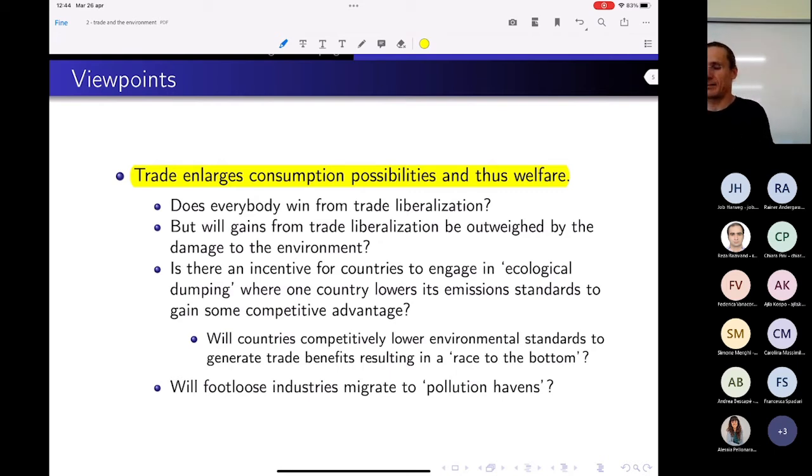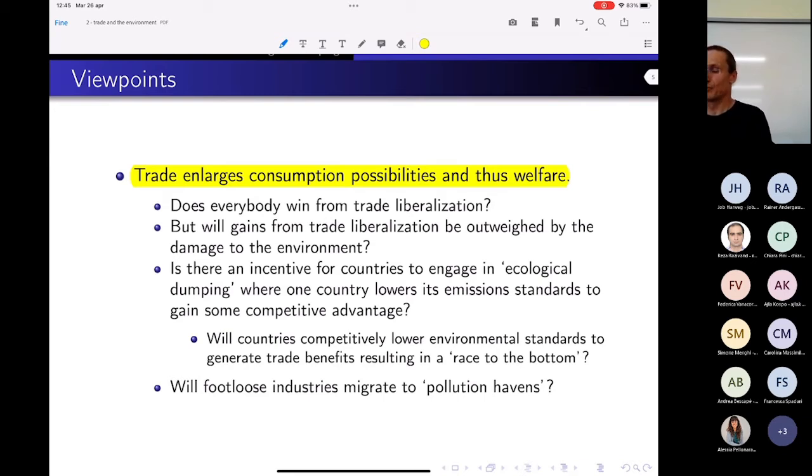So given that trade enlarges consumption possibilities and welfare, the question is clearly also, does everybody benefit from trade or not? Overall, welfare should increase, but as we're going to see, not everybody will win from trade liberalization. There will be some losers, in particular in the short run.